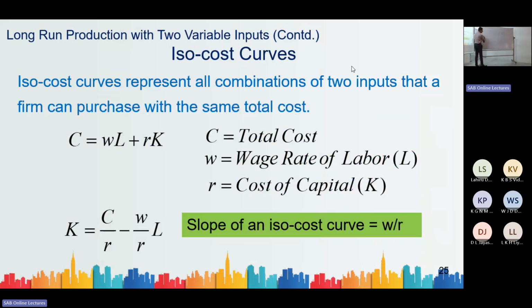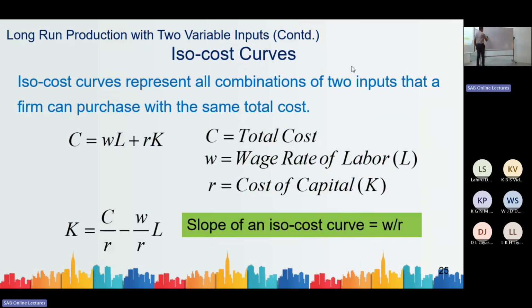So if we draw an isocost curve with these numbers, how will it look? We put labor here and capital here. What is the intercept? It should be 10. It is obviously a downward sloping curve, a straight line because the slope is fixed and negative.